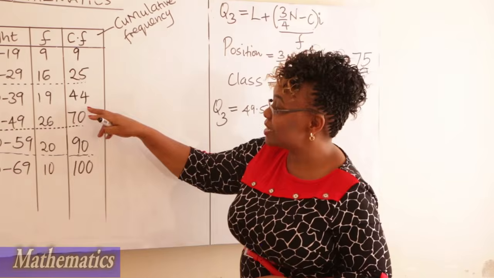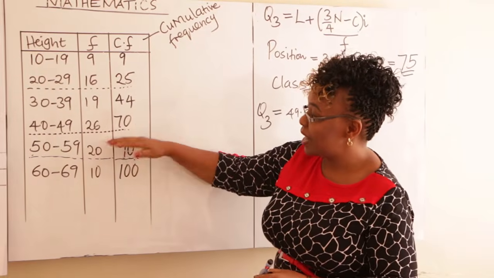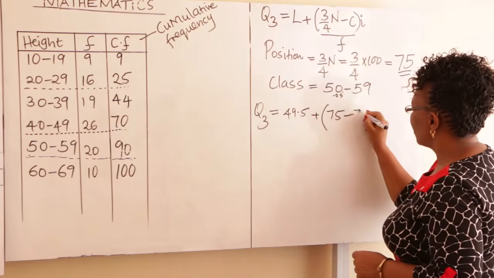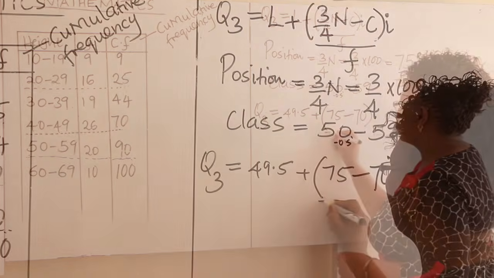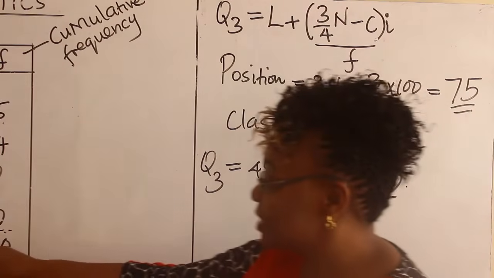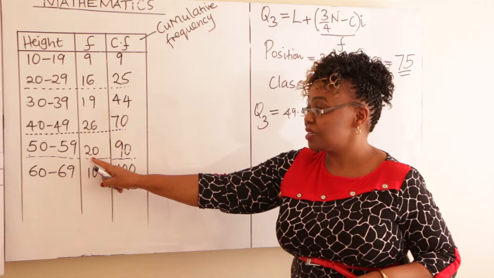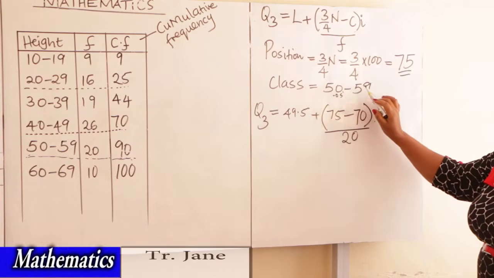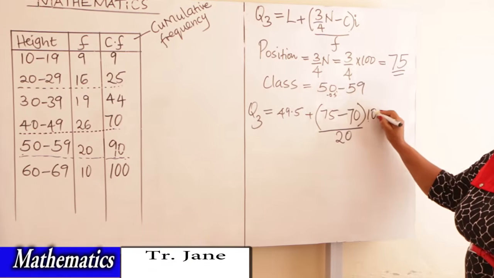We are here and therefore the cumulative frequency just above is 70. So you come and write your 70 there. You look for the frequency. The frequency of that class that you are dealing with is 20. So you come and write 20 here, and finally the class interval is 10.